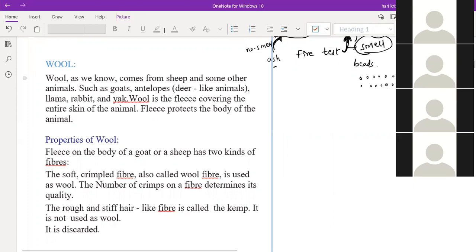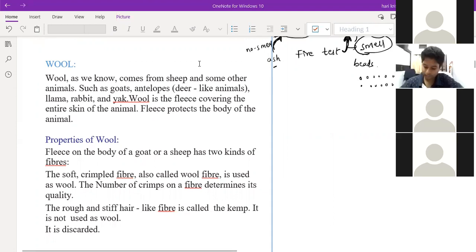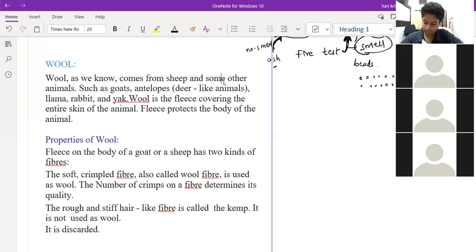Goats, antelopes, llama, camel: these are the most common animals from which we get wool.